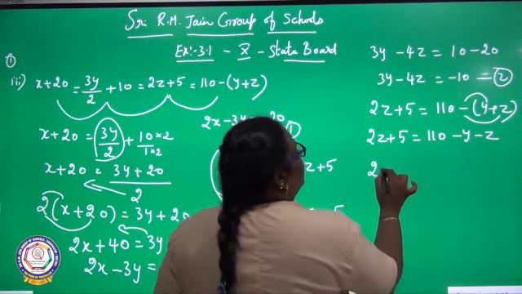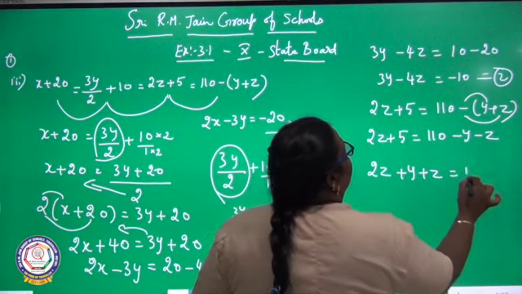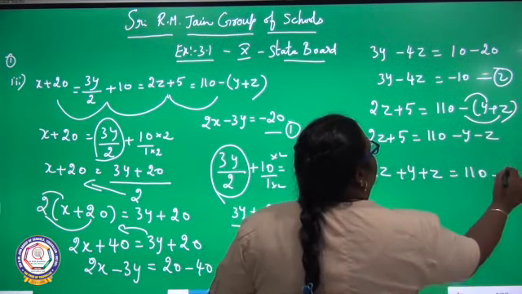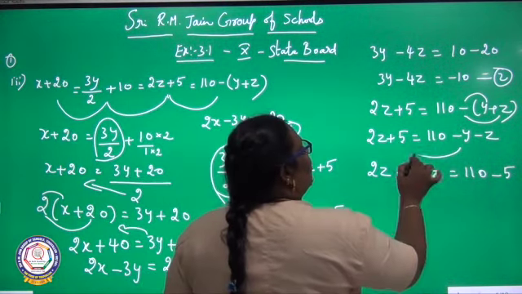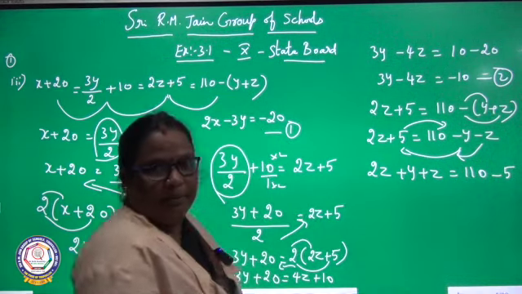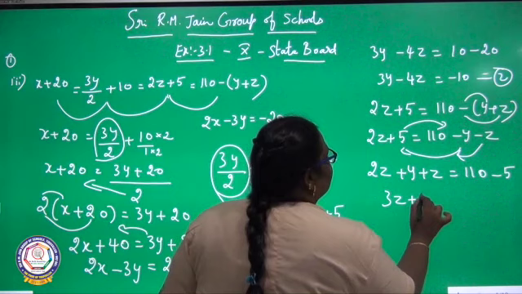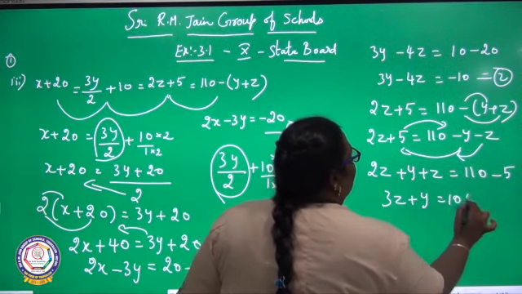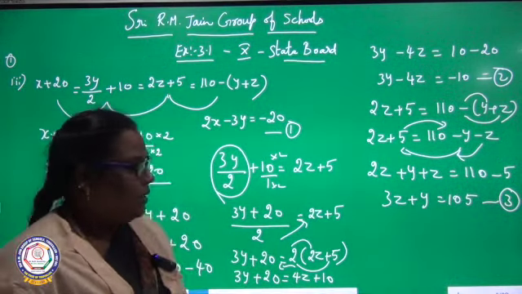So 2z plus y plus z equal to 110 minus 5. So you bring the variables to one side and the constant to the next side. See, 3z plus y equal to 105. Take it as the third equation.